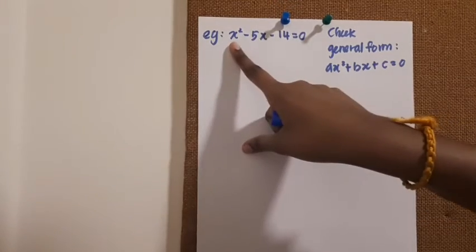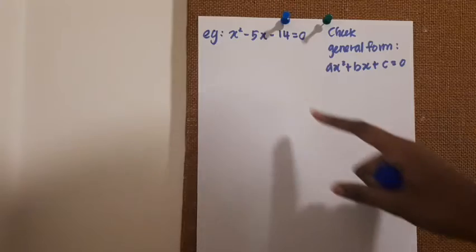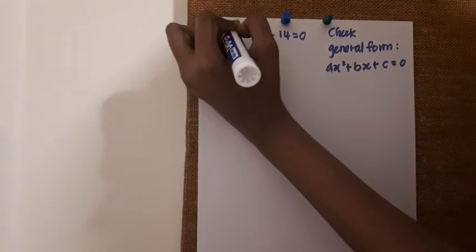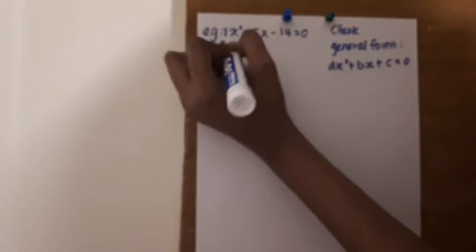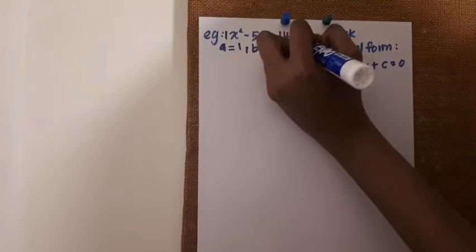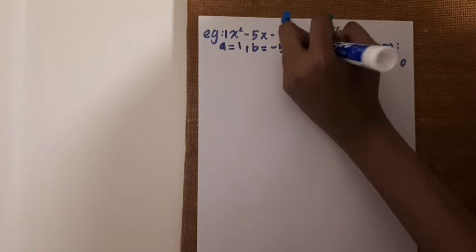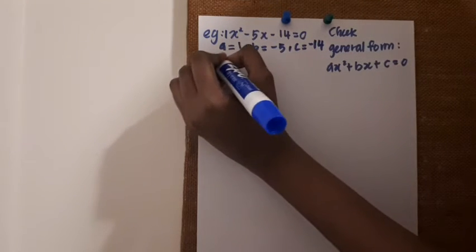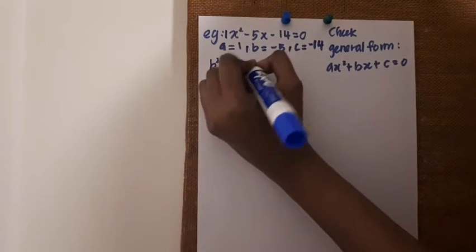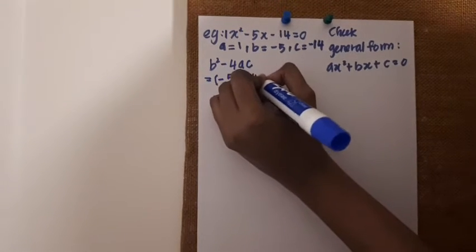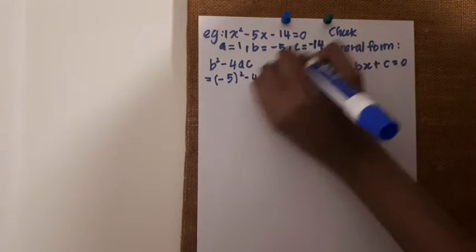Okay, so now you can always write down the a, b and c values. a is equal to 1, so you can see 1x squared here, and b is equal to negative 5, negative 5x, and c is equal to negative 14. Then simply use the formula b squared minus 4ac: negative 5 squared minus 4 times 1 times negative 14.